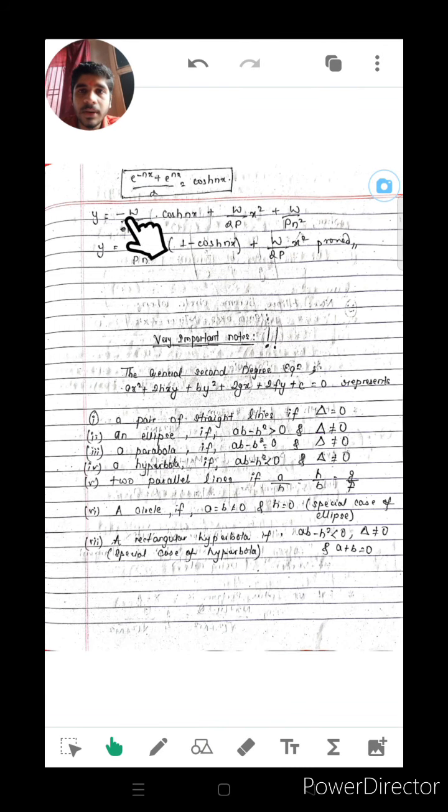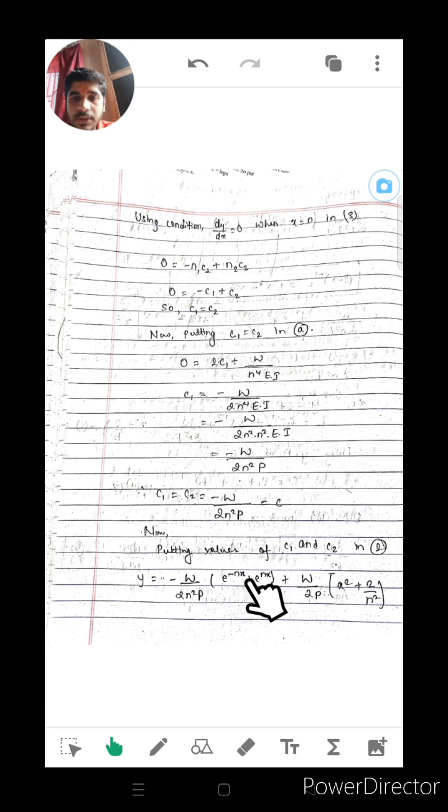And now from here, cos hyperbolic nx plus w by 2p x square plus w by pn square. By opening this bracket, e power minus nx plus e power nx by 2 equals cos hyperbolic nx.